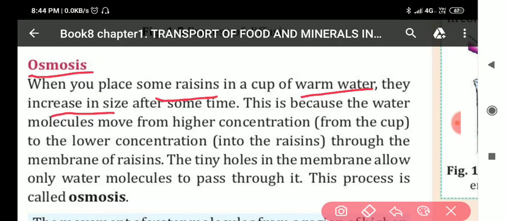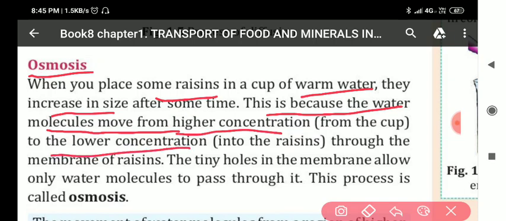Now why has this happened? This has happened due to osmosis. This is because the water molecules move from higher concentration, it means from the cup, to the lower concentration into the raisins through the membrane of the raisins.